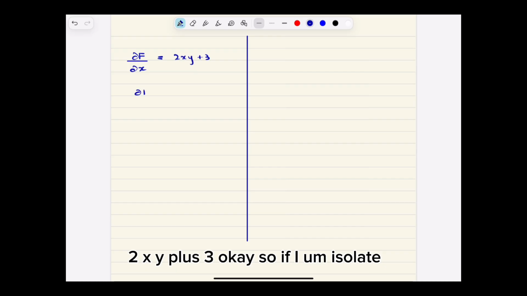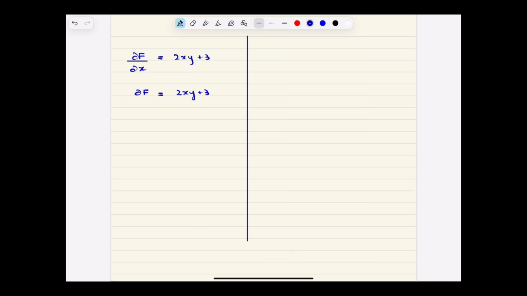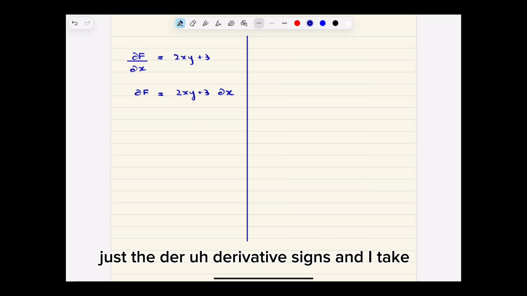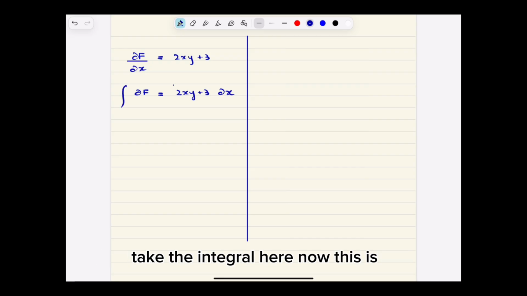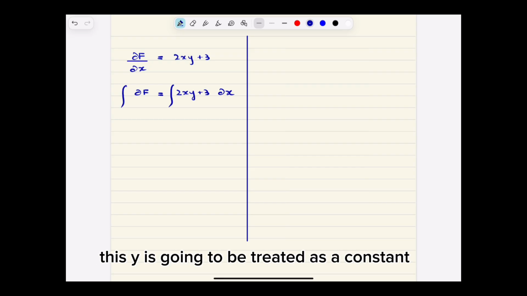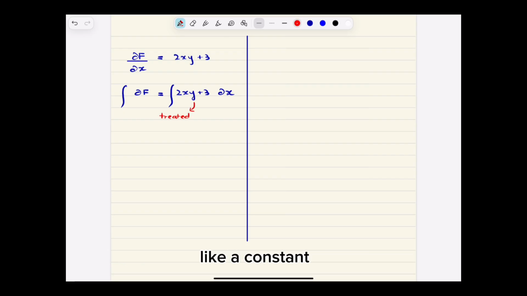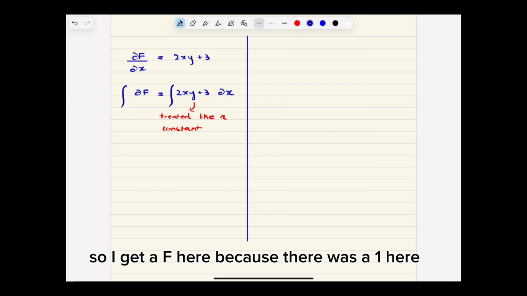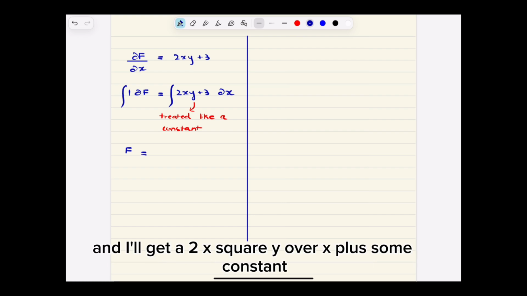So if I isolate just the derivative signs, and I take the integral here, now this y is going to be treated as a constant, like a number. So I get f here because there was a 1 here, and I'll get 2x square y over 2 plus some constant.